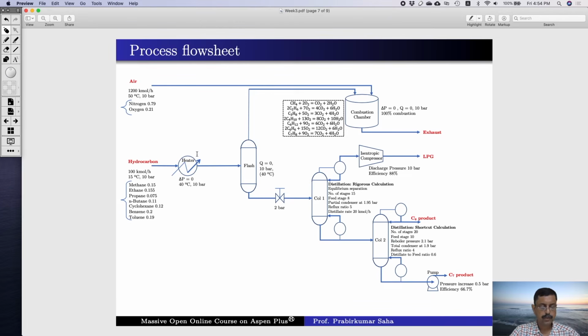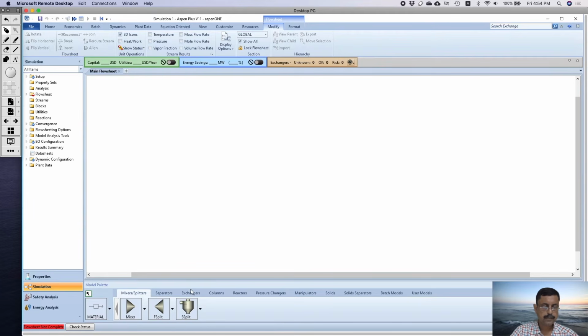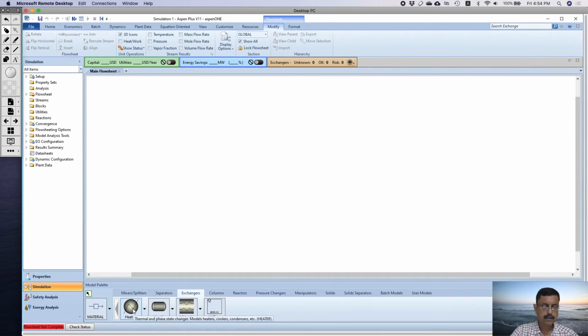So go to exchanger. This heater, thermal and phase state changer, models heaters, coolers, condensers, etc. So let us use this heater.